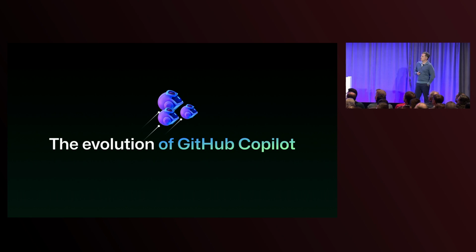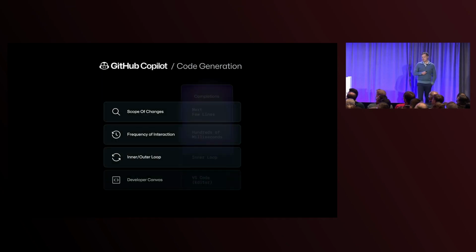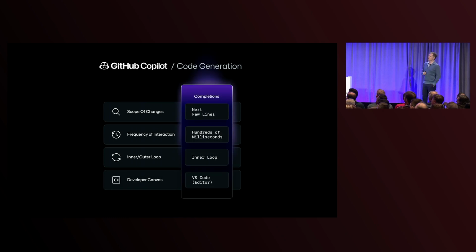So before we dive deep into Coding Agent, I wanted to give a little bit of a background on the evolution of GitHub Copilot over the last 5 years. I'm sure everyone here is familiar with GitHub Copilot Completions, which were the first feature that we launched as part of GitHub Copilot back 5 years ago. These really started the modern wave of everything that we've done to bring AI into the developer experience. When these started, they were at the scope of just a few lines of code, right?